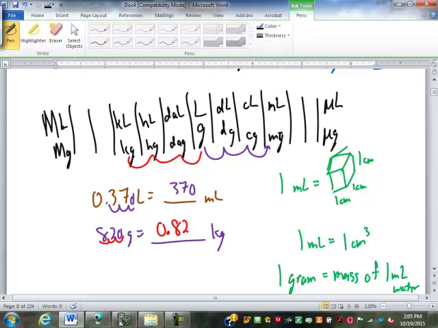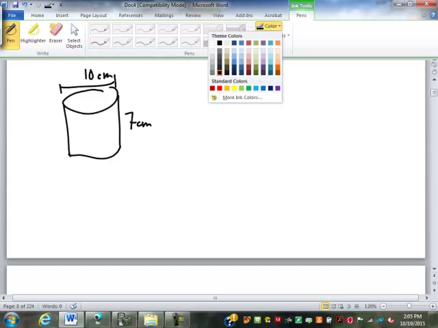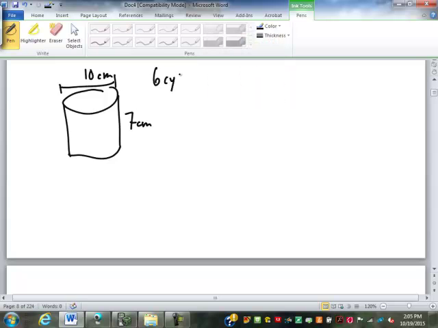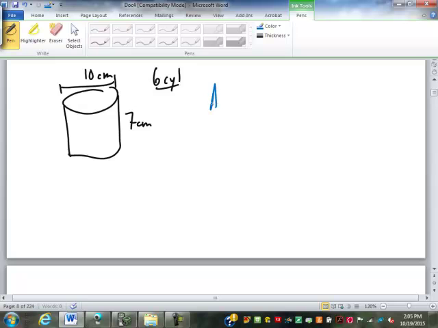It's kind of nice. For example, let's look at a car engine. Let's say it has a 7 centimeter stroke, and let's give this a 10 centimeter bore. This is a 6-cylinder. So the area of that piston is going to be pi times 5 squared, right?